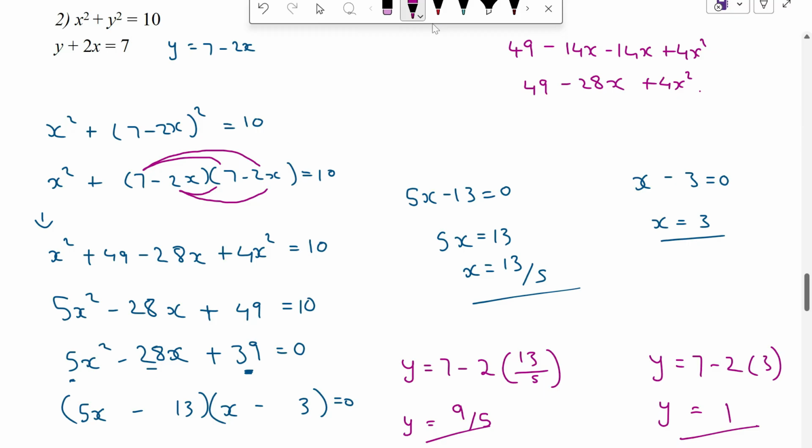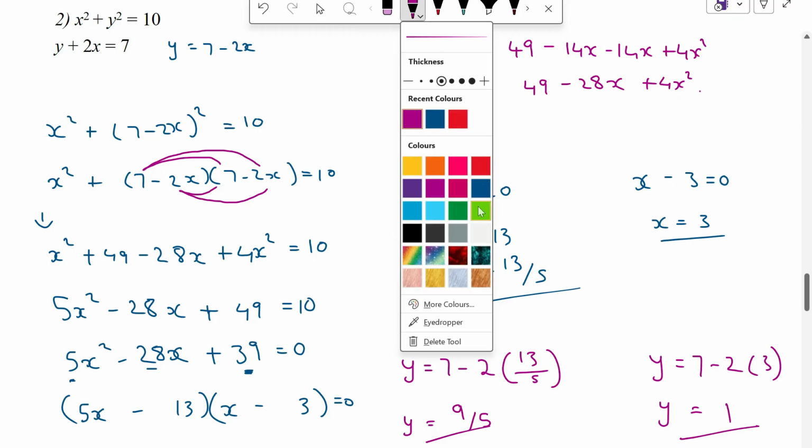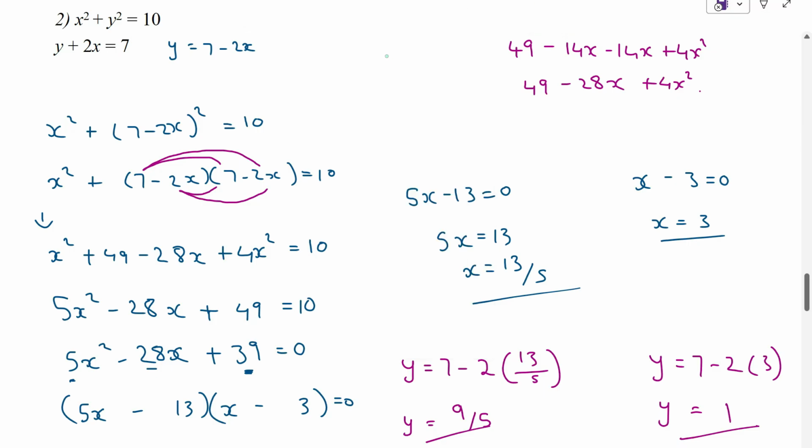Okay, so I'm just going to write out the final answer here at the top. So when x is 13 over 5, y equals 9 over 5. And when x is 3, y equals 1.